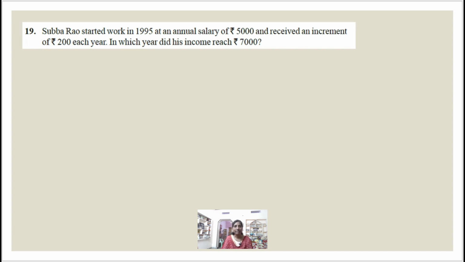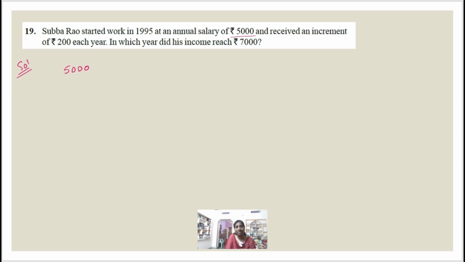Okay, so here we have to find what is given and what we have to find. Subbarao started work in 1995. It means that is the first year, at an annual salary of 5,000. So here the first year he will get 5,000 rupees, isn't it?